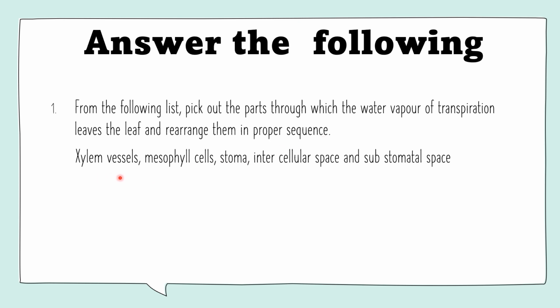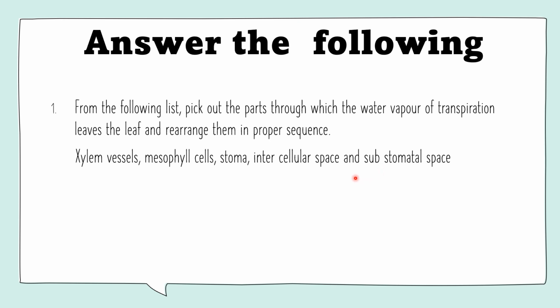Here they are giving some parts of the leaf: xylem vessels, mesophyll cells, stoma, intercellular space and substomatal space. The clue is water vapor of transpiration leaves the leaf. Based on that, you have to arrange these parts in proper sequence.